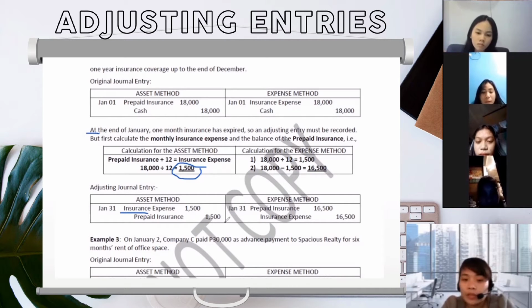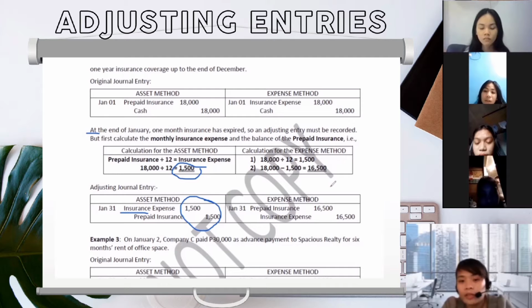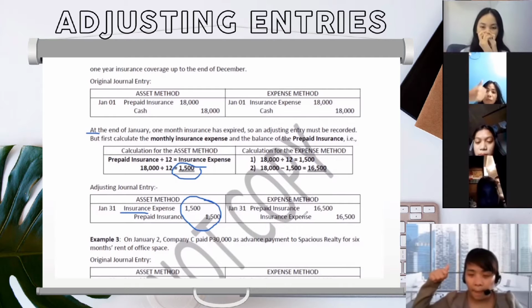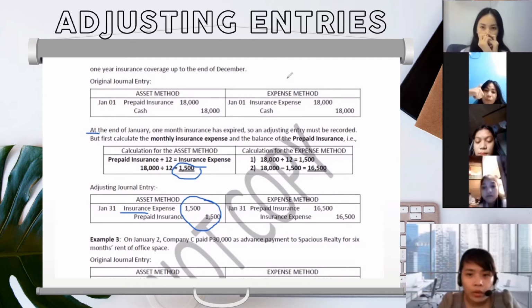Prepaid insurance, 1,500. Okay? So, ngayon, ito lang yung nagamit na. Ito yung na-expired. Okay? Right? And then, as you can see here, minus lang po, 18,000 minus 1.5, you got 16,500. Naintindihan? Okay, good. Alright, so let's continue.